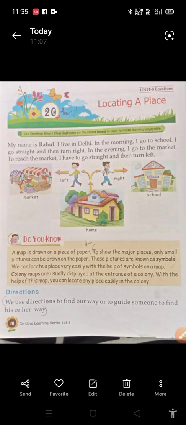All these small little pictures that are drawn on the map are known as symbols, and these symbols help us to reach the place where we want to reach, like the symbol of a temple, the symbol of a school, the symbol of a railway station or a hospital. It helps you to reach the respective places by following the map.